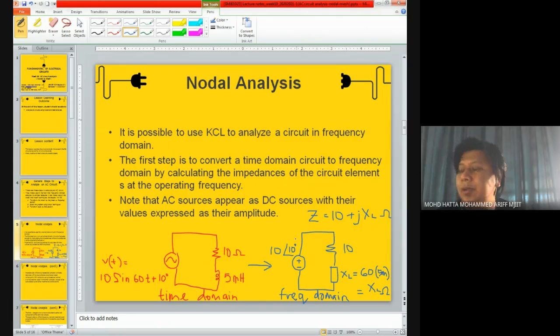From here, if you would like to calculate the current over here, you can simply apply Ohm's law: V equals I times Z, and I equals V over Z, in order to calculate the value of the current. So that's for the first one.